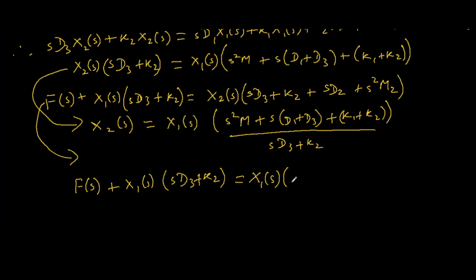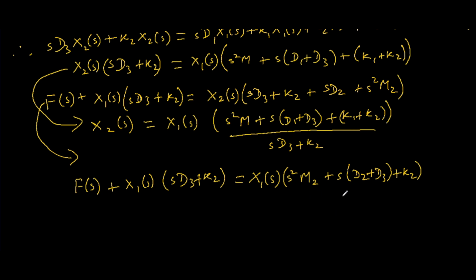So we have S squared M2 plus S into D2 plus D3 plus K2. All of this now multiplied by what you have in this numerator, and everything will now be divided by what you have in this denominator.